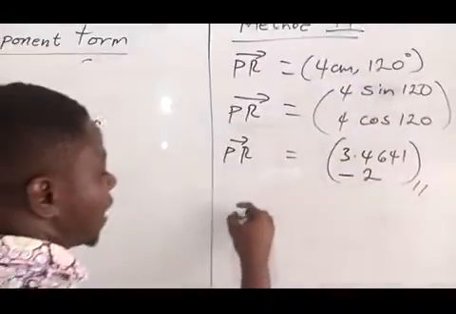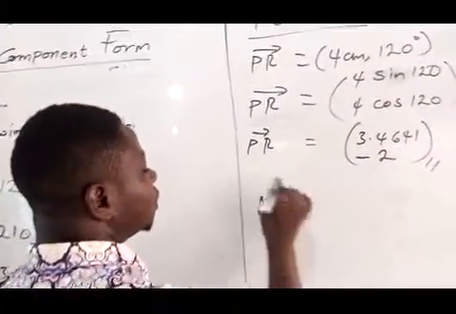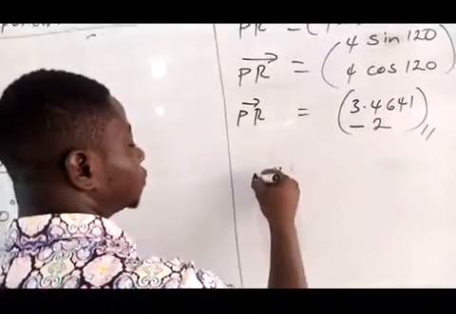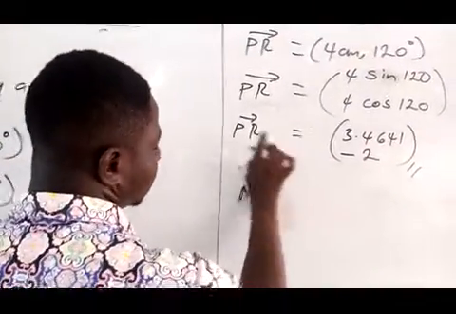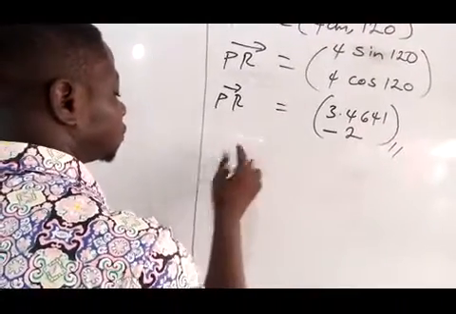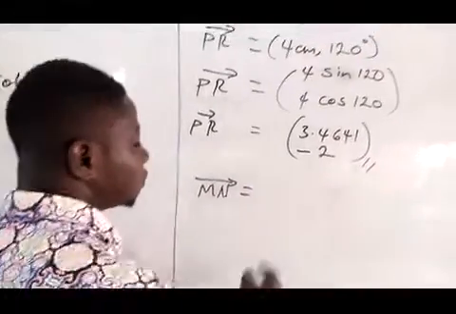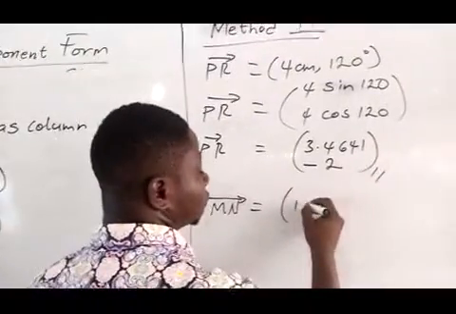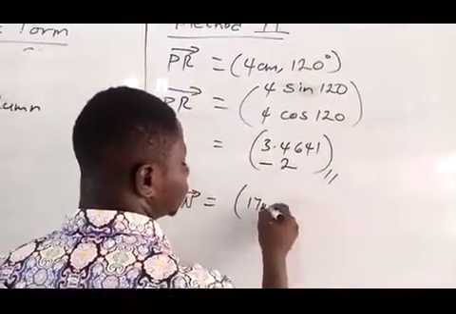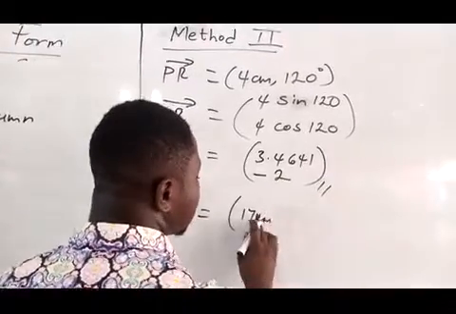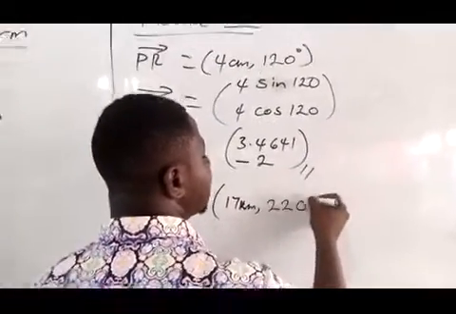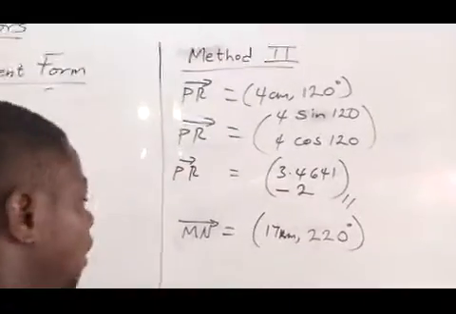Let's say we have MN, 17 kilometers and then 220 degrees. Now let's look at this.